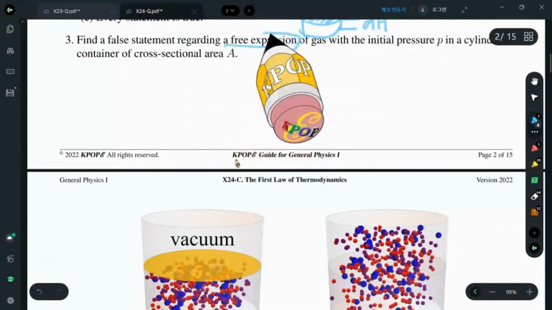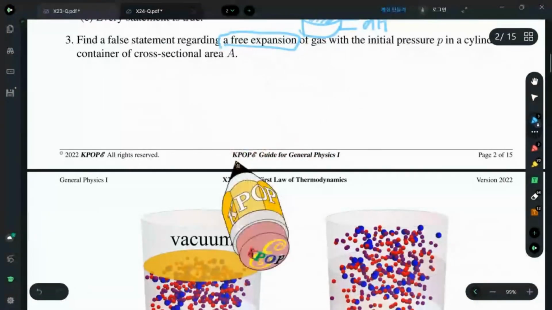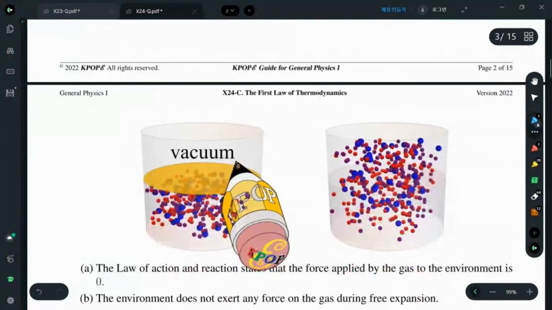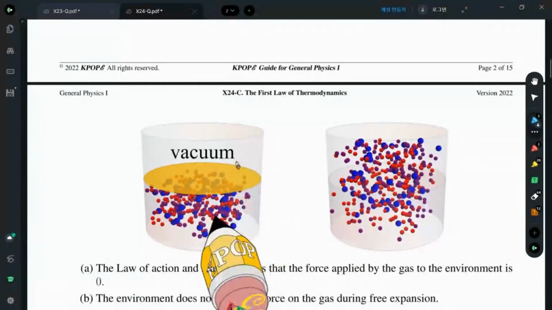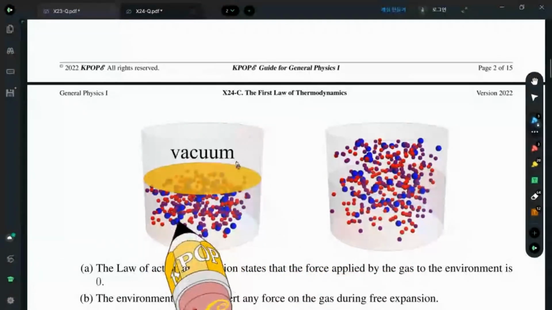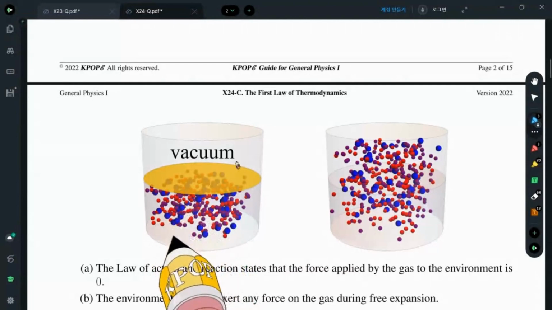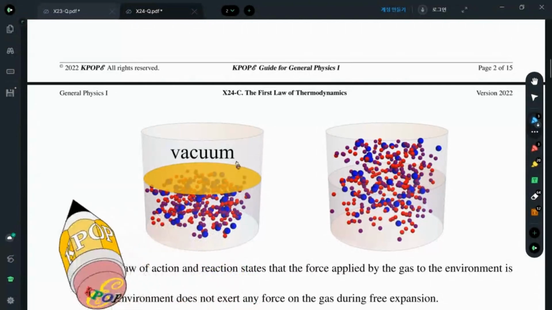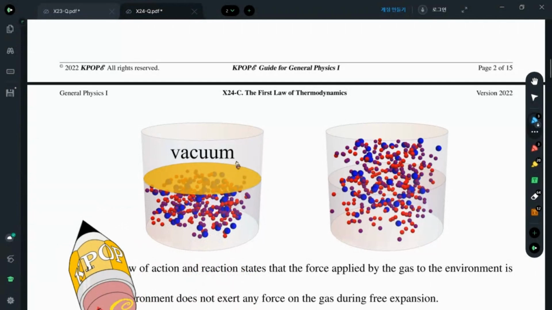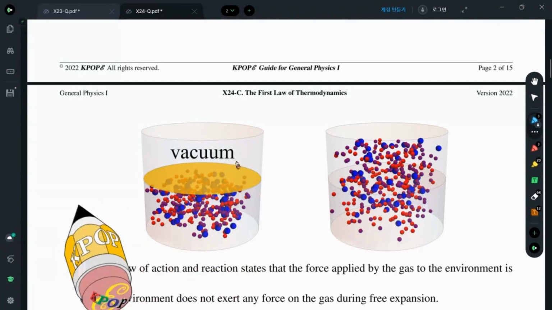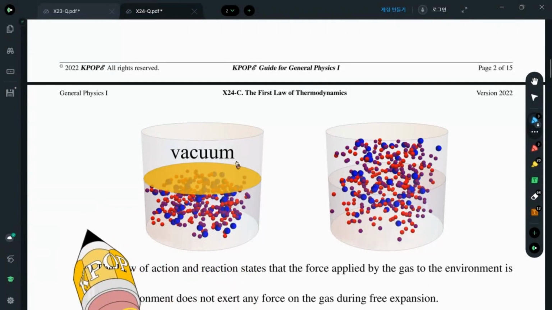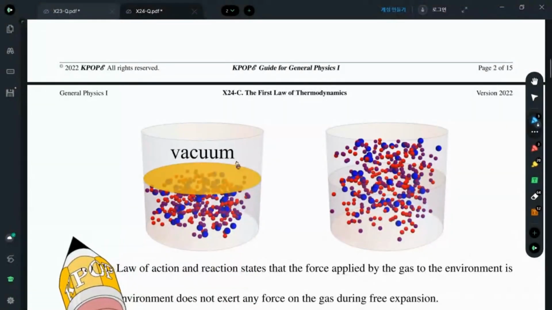Regarding a free expansion, this is the expansion of gas. I use different colors to identify the different molecules. For example, air is not a pure substance made of a single type of molecule.